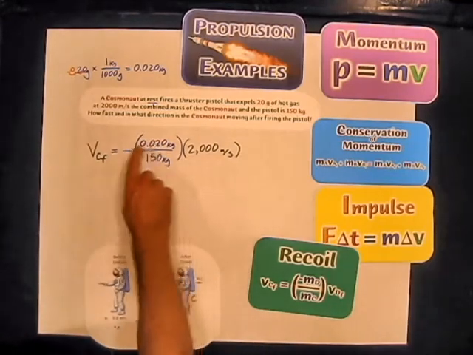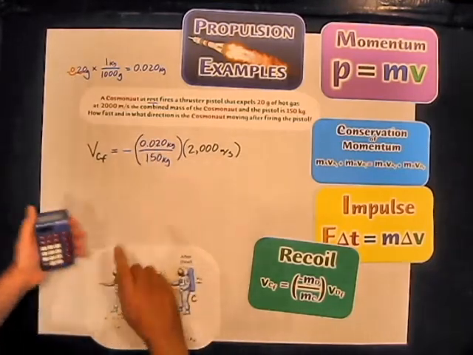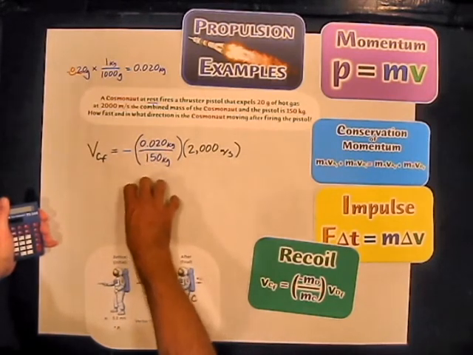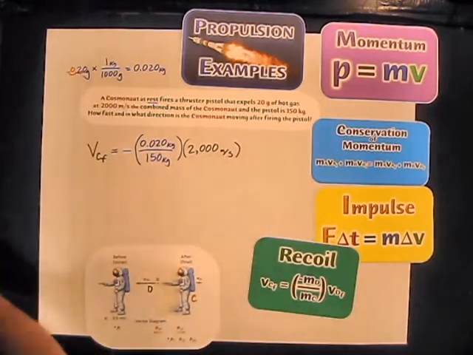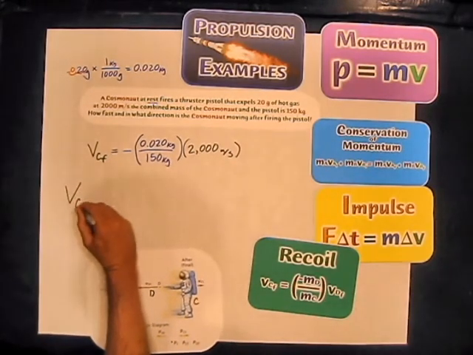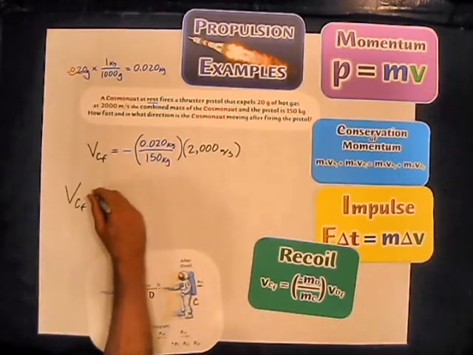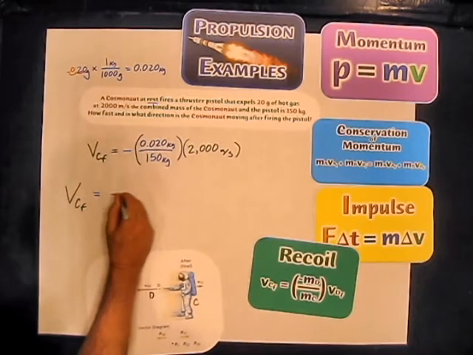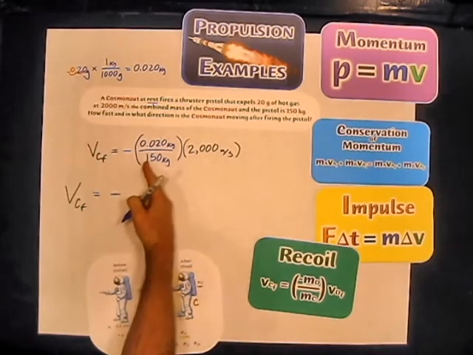Now let's first of all, let's do these first. Now we're dividing a small number by a big number. So this is going to be exceptionally small, this first portion here. So what I'm going to do is I'm going to write VCF, and I'm going to put equals. I don't want to forget about this negative sign, so I'm going to put in that negative sign. It'll still be negative, right? Okay.